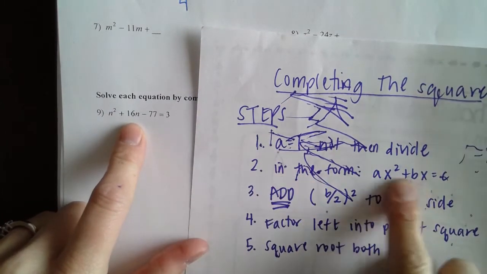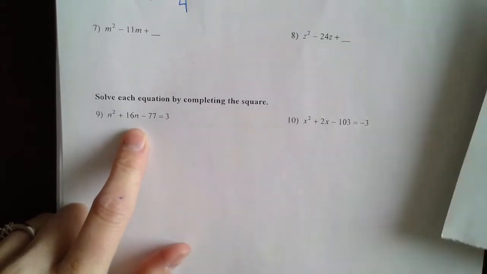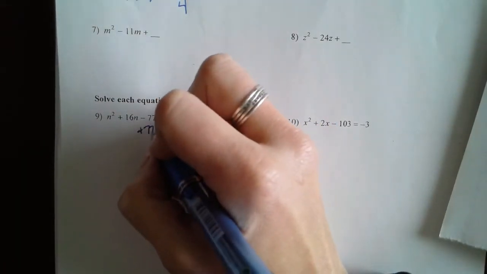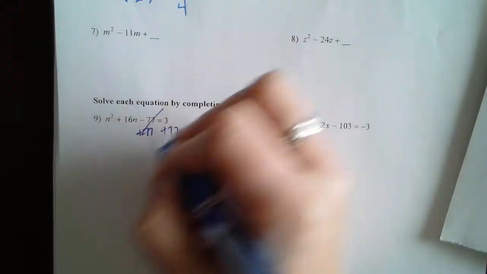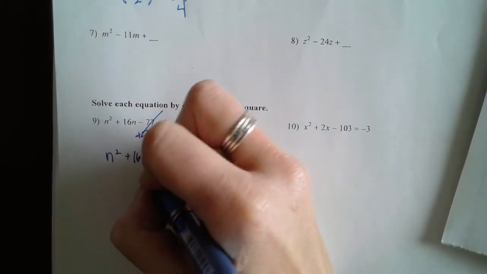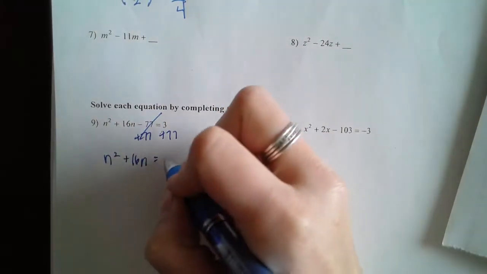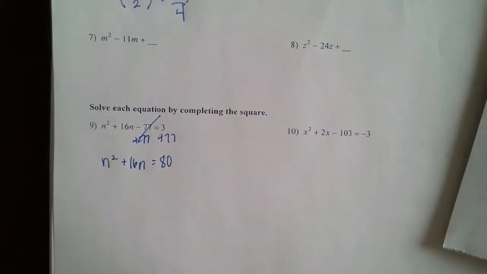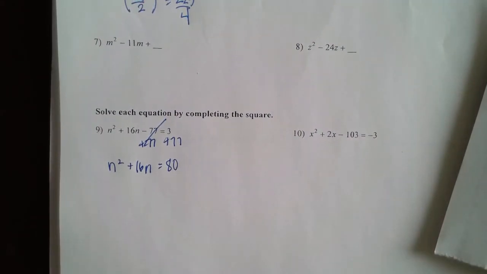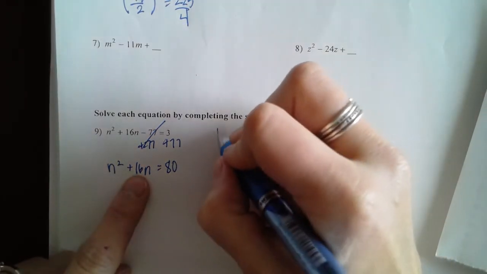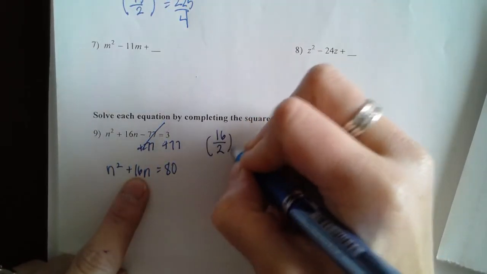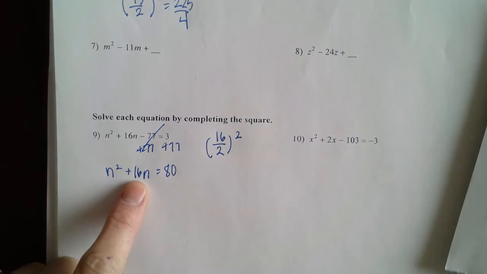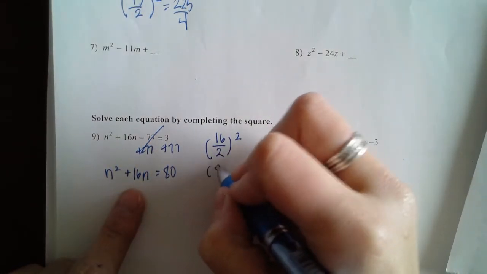Our second step is to move the C. So we are going to add 77 to each side. So we have n squared plus 16n equals 77 plus 3 is 80. And now we need to complete our square. So we're going to take our b value and divide by 2 and then square it, which we already did up at the top. 16 divided by 2 is 8.